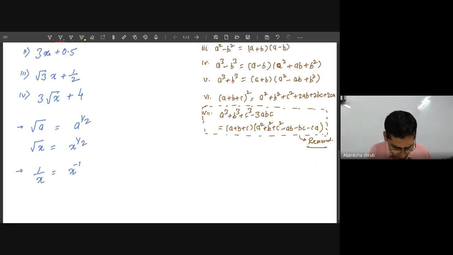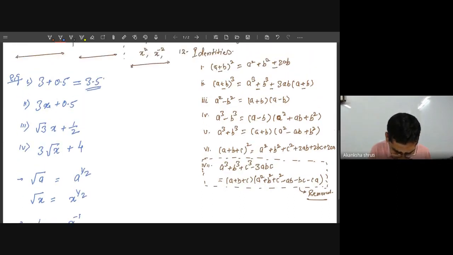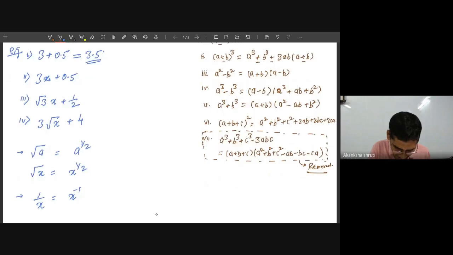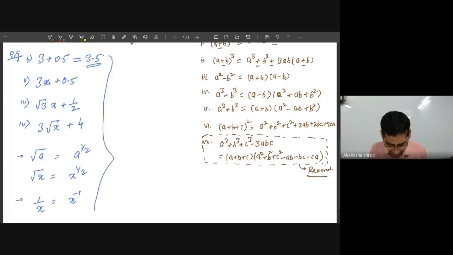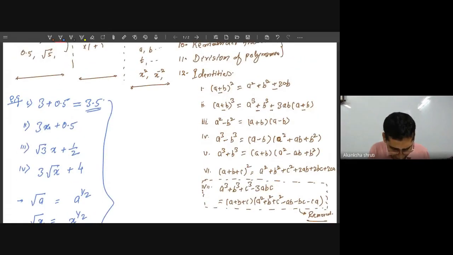So students, whatever these relations we are writing, these are relations of numbers with other numbers. These are numbers, these are operators. See, in this case 3 is a number, x is a variable, and plus sign is an operator. So all these three kinds of things.